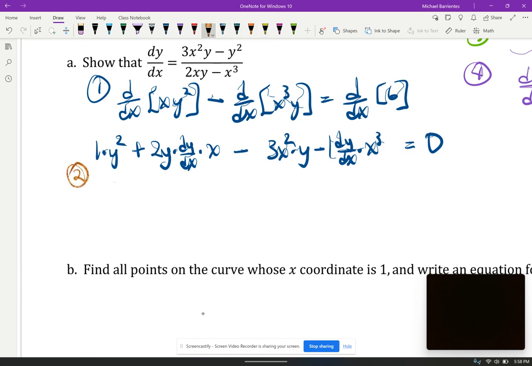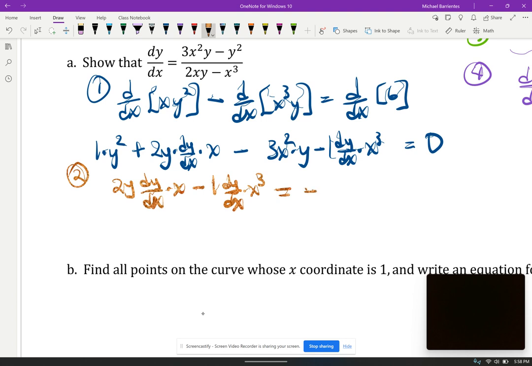All right, step 2. Anything that has a dy/dx stays on the left side. So this has a dy/dx, minus 1 dy/dx times x to the third. But everything that doesn't have a dy/dx, we're going to move to the other side, including this y squared.